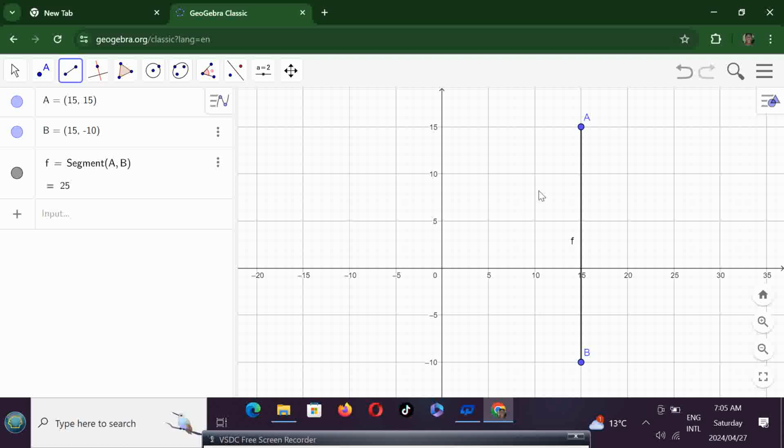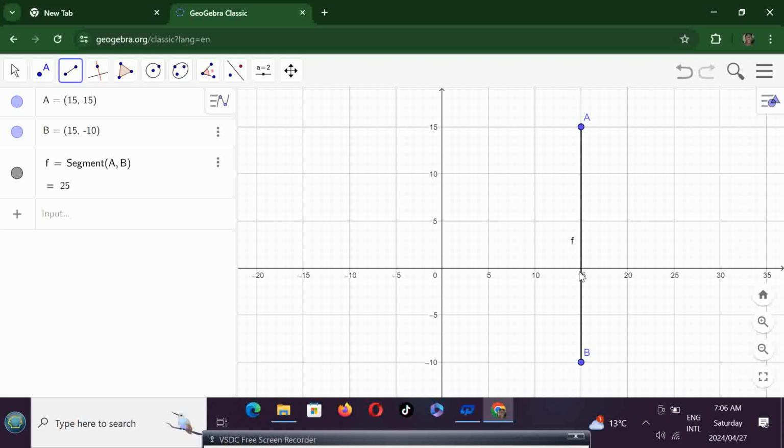Now, if you look at point A, since this line is perpendicular to the x-axis, we're only going to focus on the x coordinate. So the equation of this line is going to be x is equal to 15.